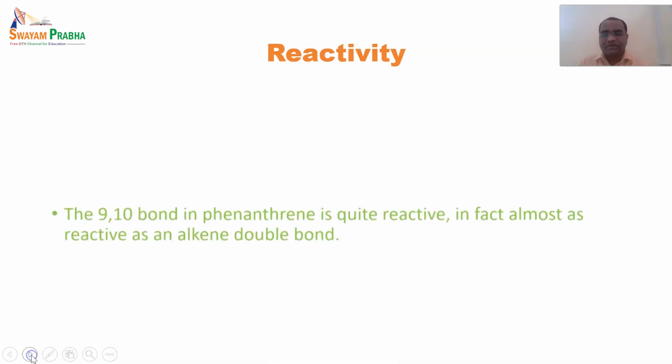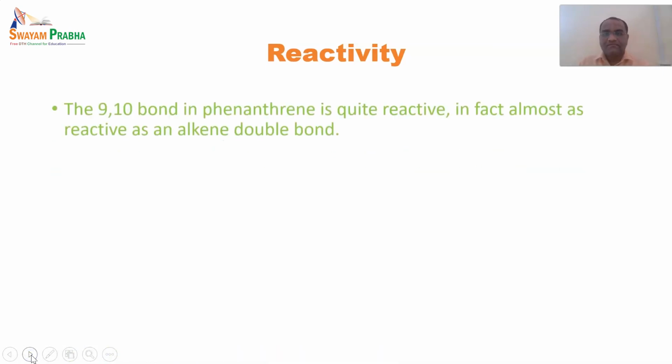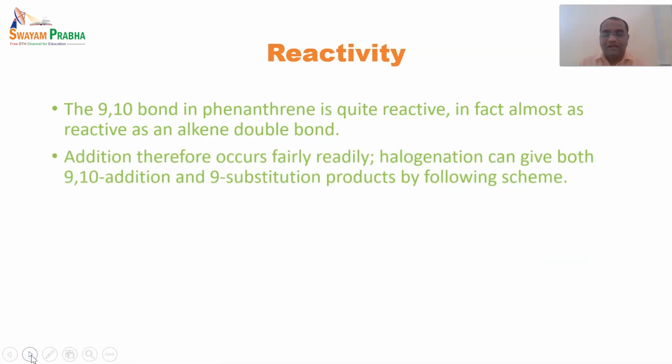Reactivity of phenanthrene. The 9 and 10 bond in phenanthrene is quite reactive, in fact almost as reactive as an alkene double bond. Addition therefore occurs fairly readily. Halogenation can give both addition and substitution products by the following scheme.